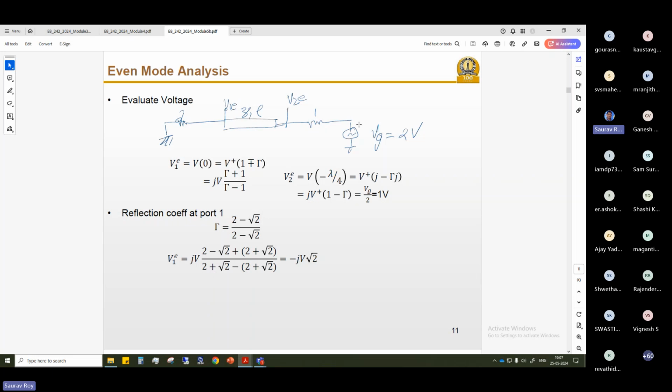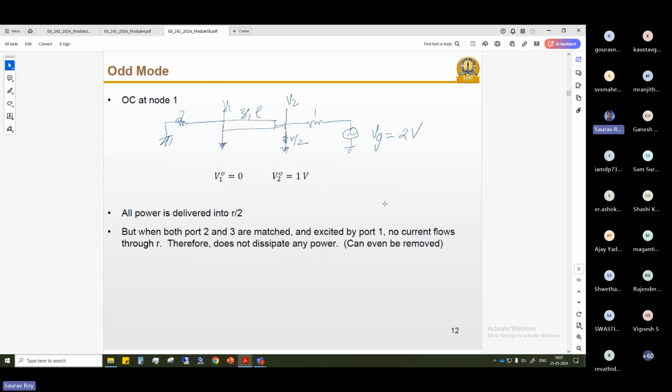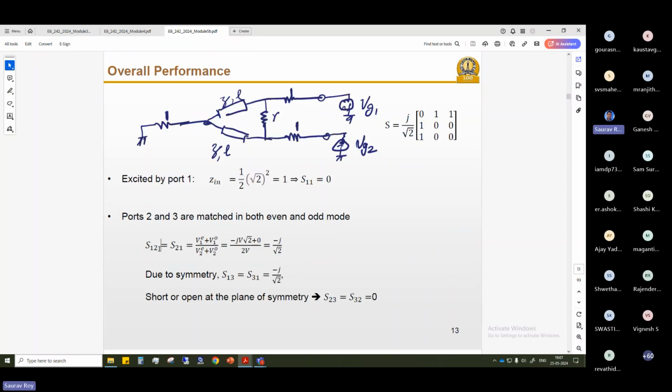If you get both of them, then you can superimpose them. So basically then you get S21. It says what is the voltage at port 2, given your input is at port 1. So you have to add even and odd mode because they will be superimposed. So this theory is so powerful but very simple. You can actually calculate the S parameter as well.